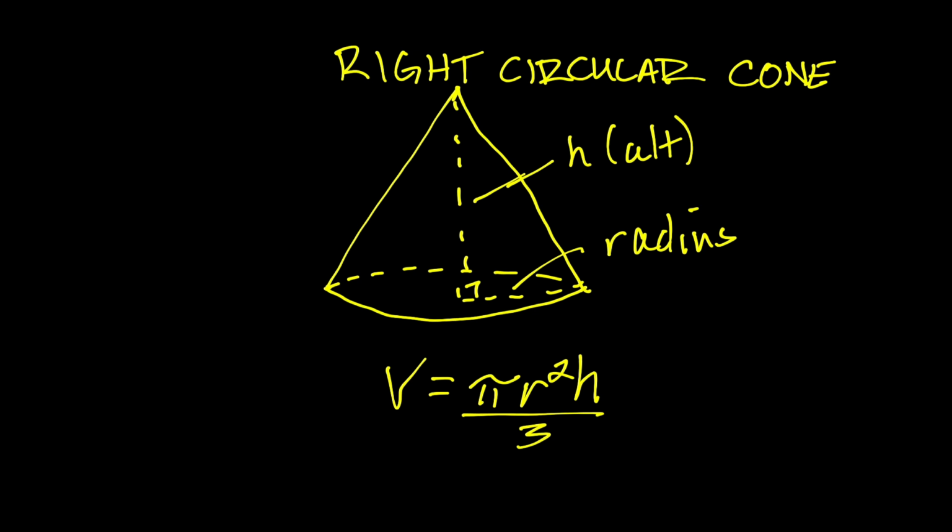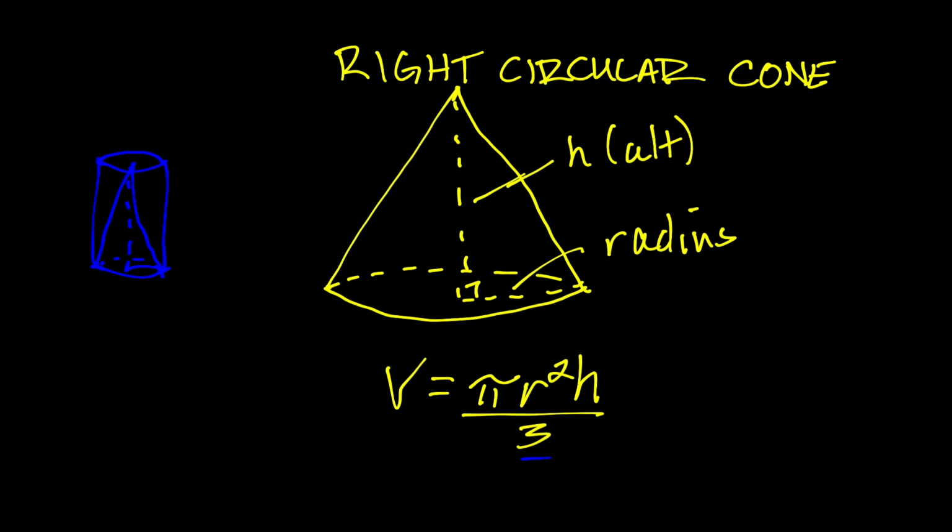This is interesting to me because just the area of the base, the circle, times the height would be the volume if this were a right circular cylinder like this. So imagine that we were taking a cone out of the middle of that cylinder. It's exactly 1/3, which I think is very interesting.